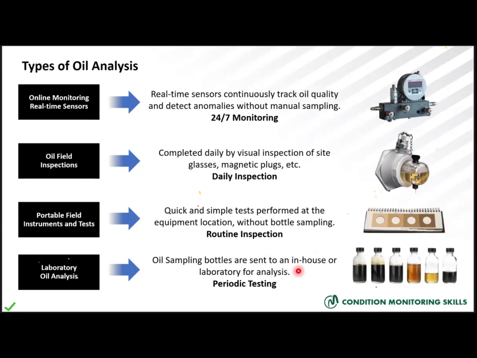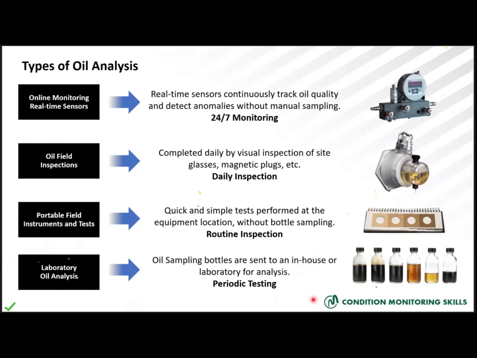The one which is most commonly used is the laboratory oil analysis, which means that oil sampling bottles are taken and sent to specialized laboratories to measure the wear metals, the additives of the oil, the contaminations of the oil, and the health of the oil itself, if there is any oil degradation.